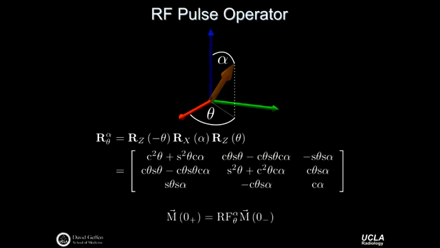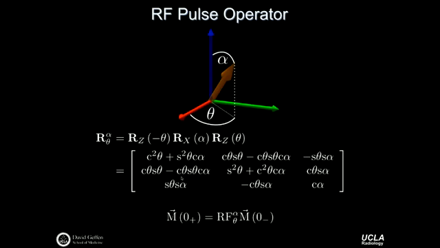Same thing for RF pulses. We saw previously that if we know the phase and flip angle for an RF pulse, we can find a matrix operator. That matrix operator in 3x3 form just looks something like this. And so we know that that RF operator can act on our bulk magnetization to give us a new state of our magnetization.